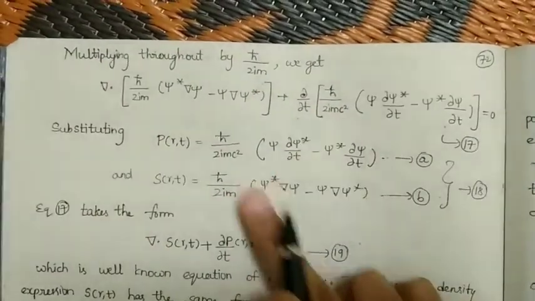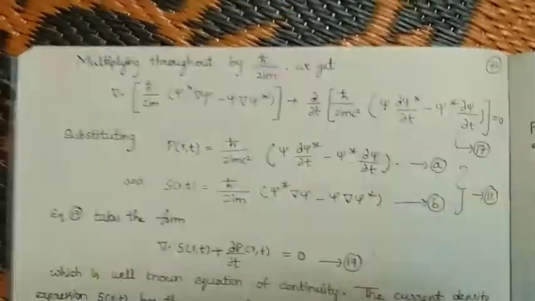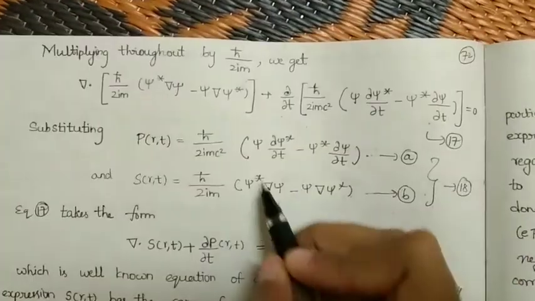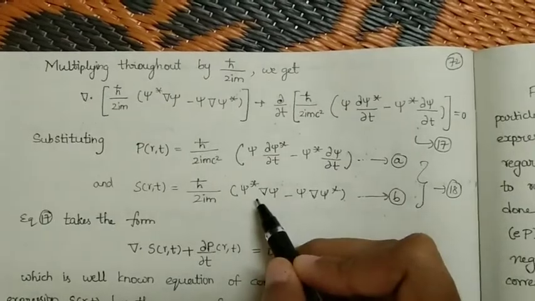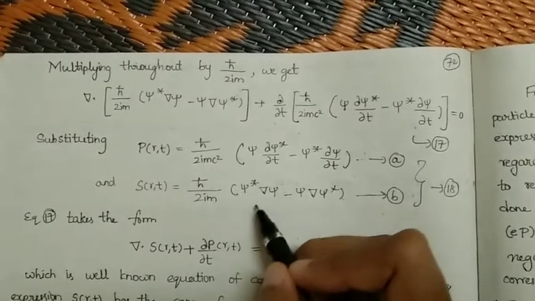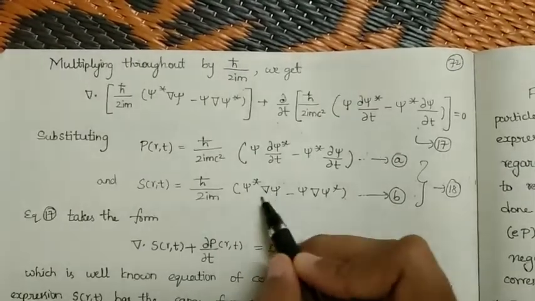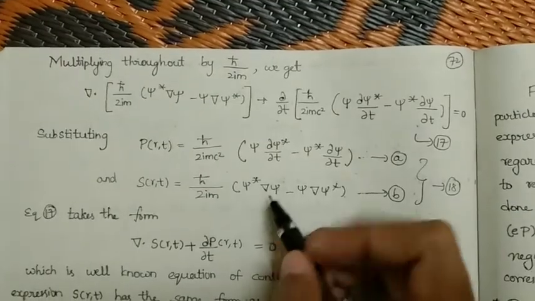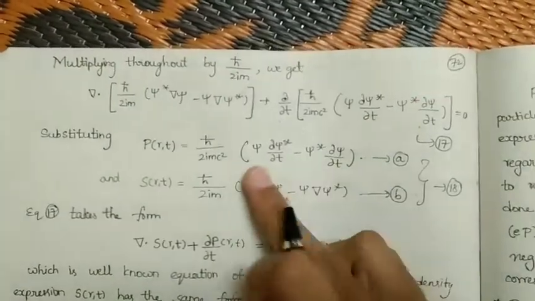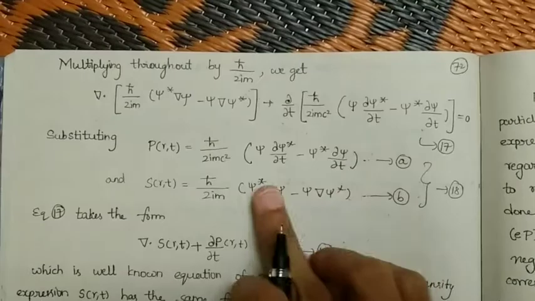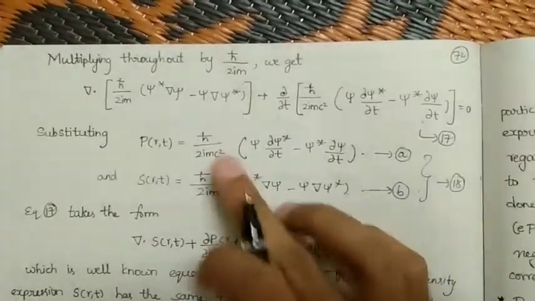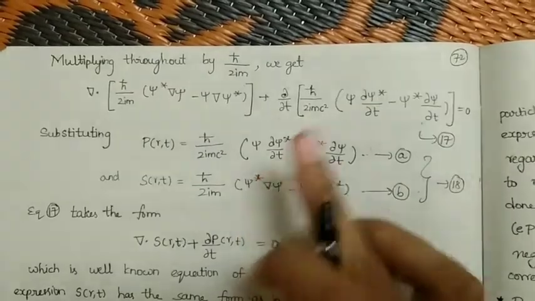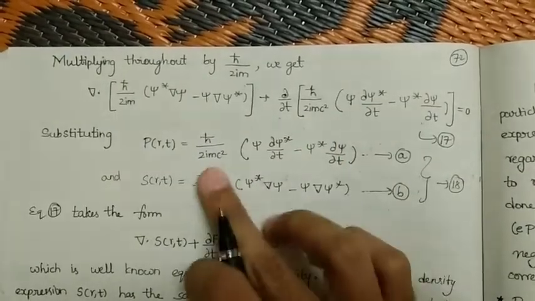Xi into xi star has the dimensions of 1 by volume. At the same time, a gradient is present. Gradient means dou by dou x, so we get another length element. That means this has overall dimensions of 1 by length power 4. Length square by time and 1 by length power 4 combine, and we get 1 by length square into 1 by t.